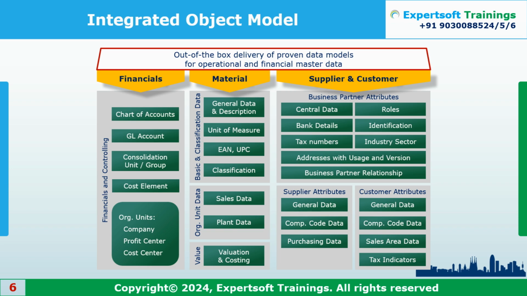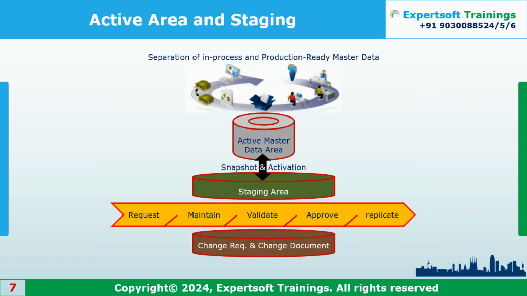Moreover, SAP has introduced a new concept: MDG as a governance product. We don't store your data directly in your table. We store the data in a staging area, a temporary storage place, so that if there is any issue or inconsistency, you can directly wipe off the data. Once master data is created, it is very tough to delete.